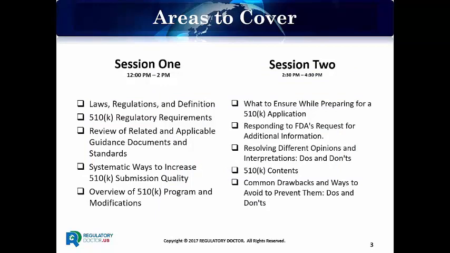Today we have two sessions, session 1 and 2. Session 1 is from noon to 2 and session 2 from 2 to 4. Sorry about the timing. We need to take a short 15-minute break at around 1:30, and then we can start again at 1:45 until 3:30, and then we can have a Q&A session for 15 minutes from 3:30 to 3:45.